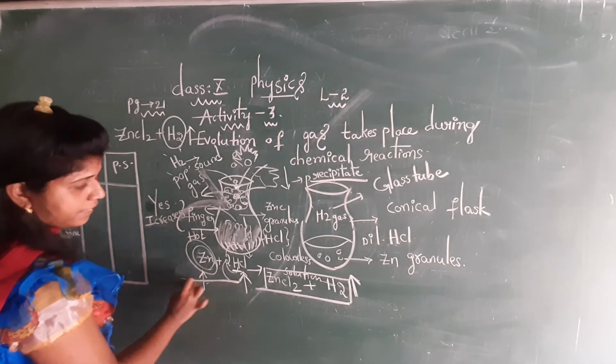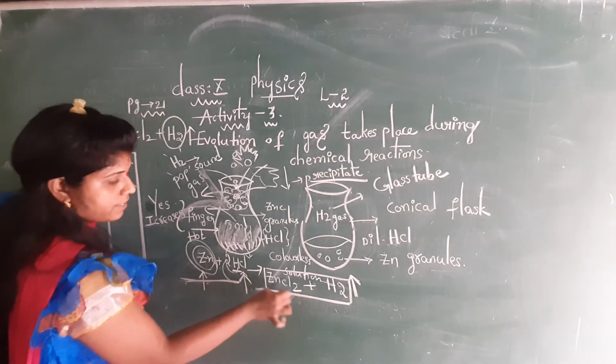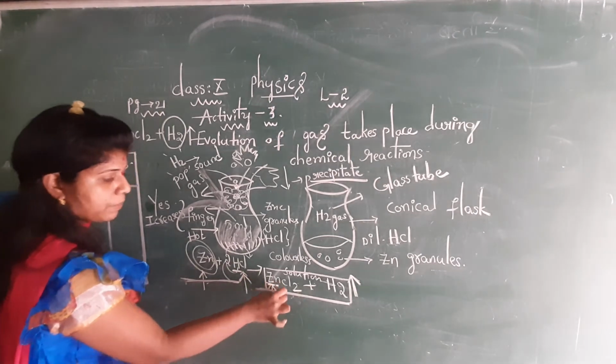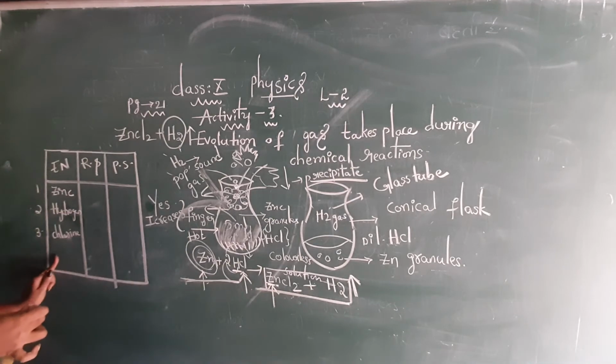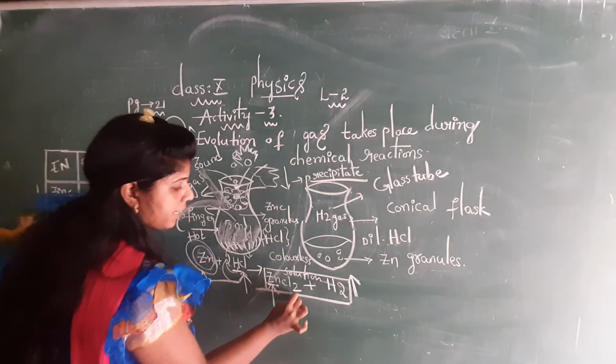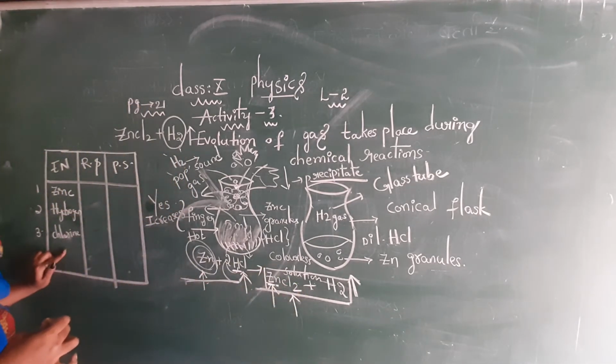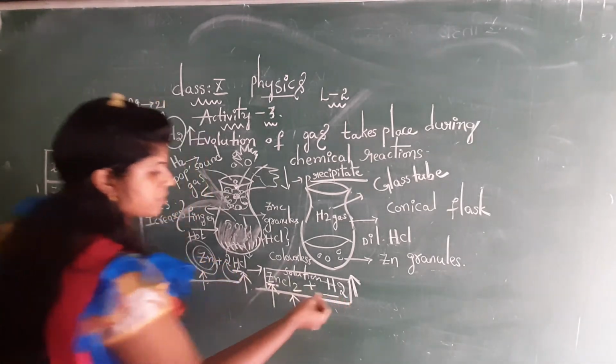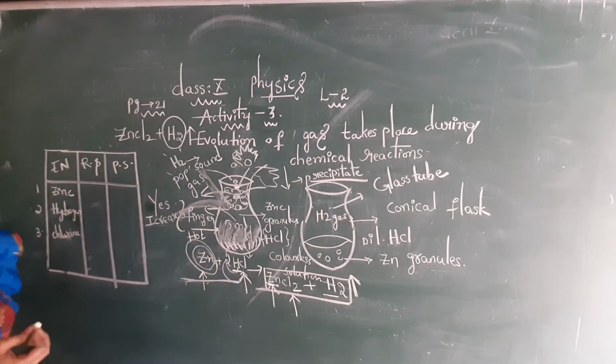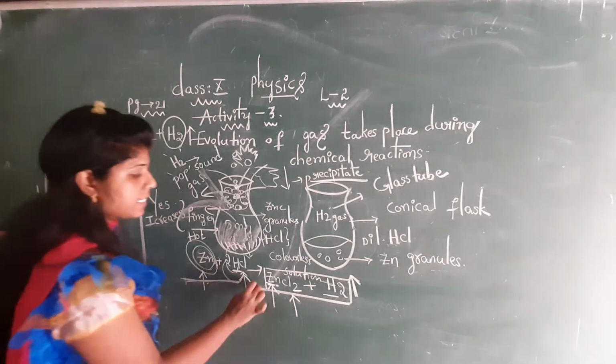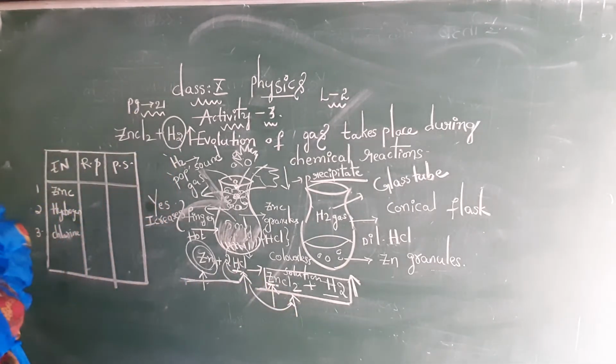This is completed, right? Again observe the products. Zn means zinc, already completed. Chlorine and hydrogen are already entered, so no need of writing them again. If an element is repeated twice, we enter it only once in the element list.